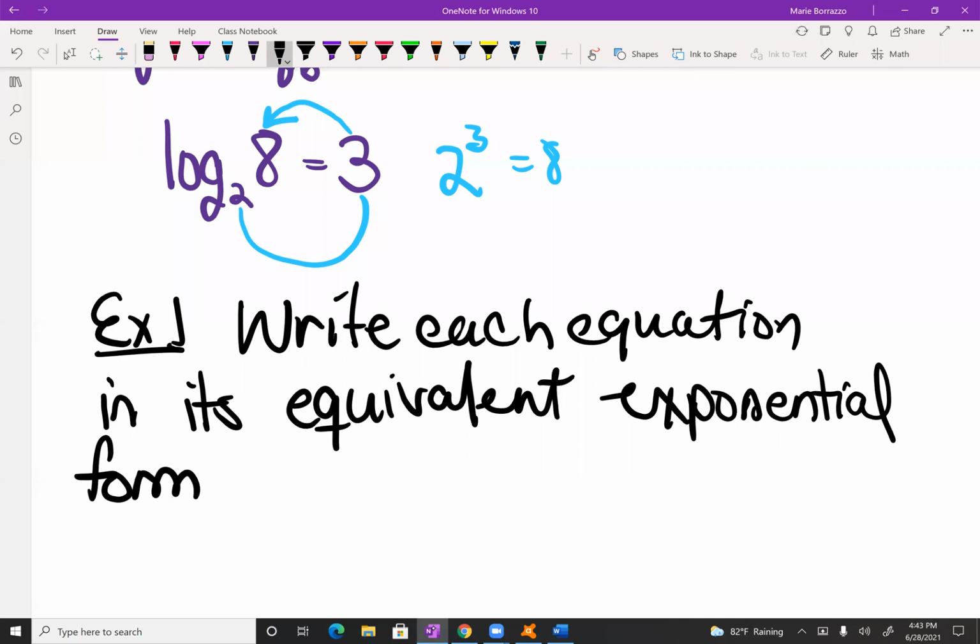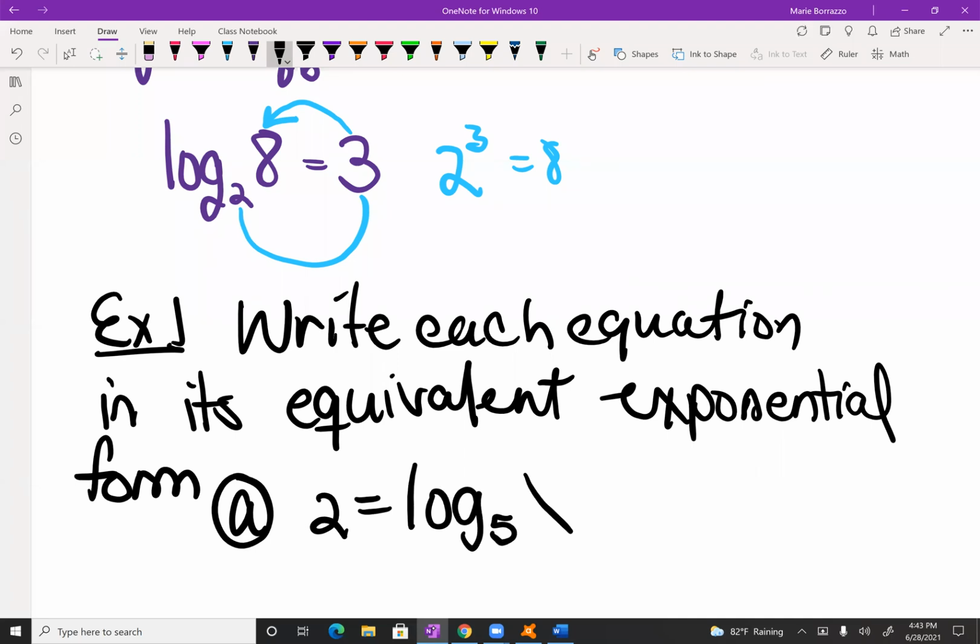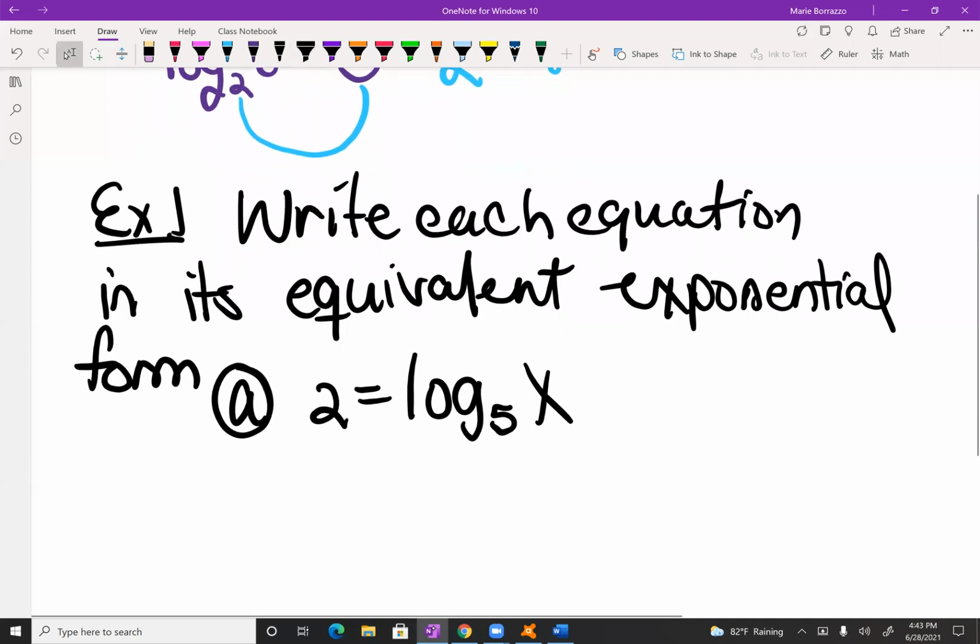In part A, they say 2 is equal to log base 5 of x.